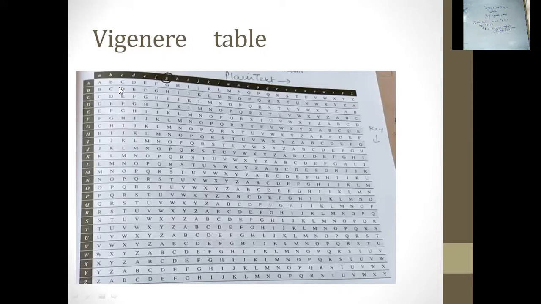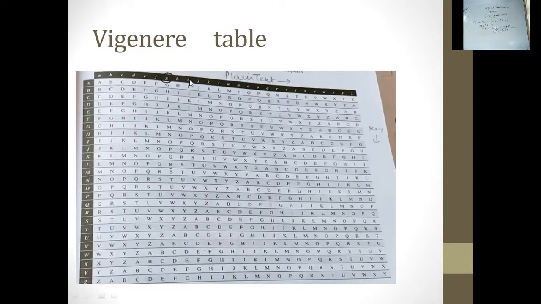We represent the columns with the plain text, and we represent the rows with the key. Now, what is my combination? If you see the blackboard portion, the combination is G and L. G belongs to the plain text; you can see G here.